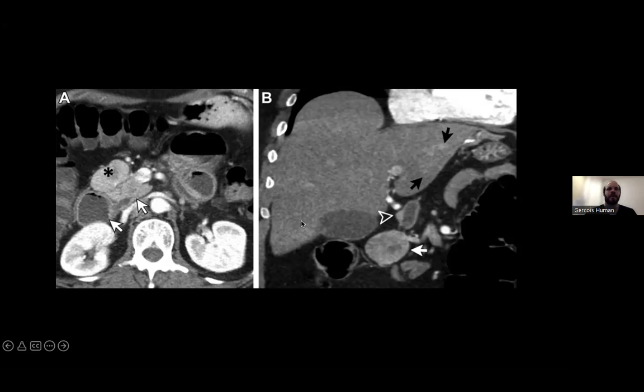In the coronal image, you can see a small enhancing nodule, indicated by this white arrowhead, and this proved to be a primary duodenal neuroendocrine tumor. There was a subtle hyperenhancing lesion in the left lobe of the liver, which was consistent with metastases.